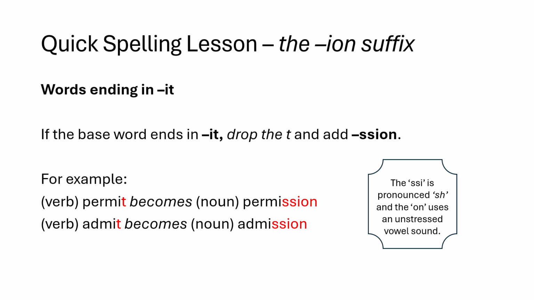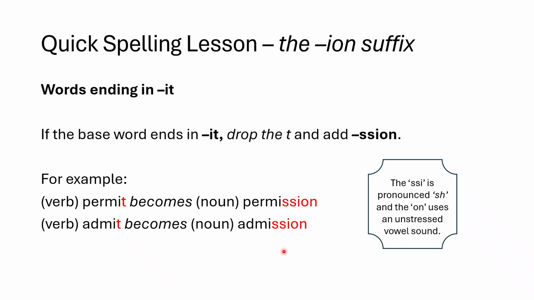If the base word ends in IT, drop the T and add SSION. For example, the verb permit becomes the noun permission. The verb admit becomes the noun admission.